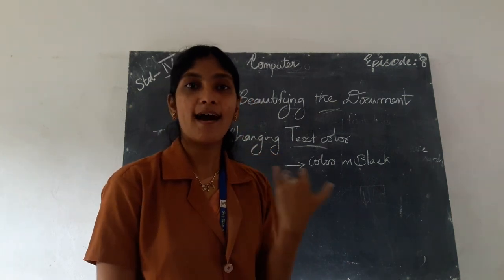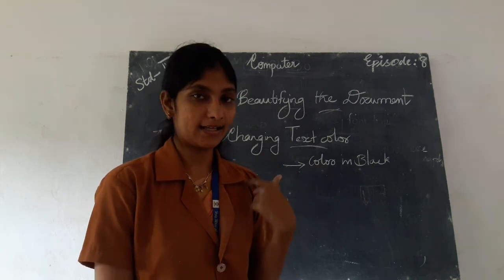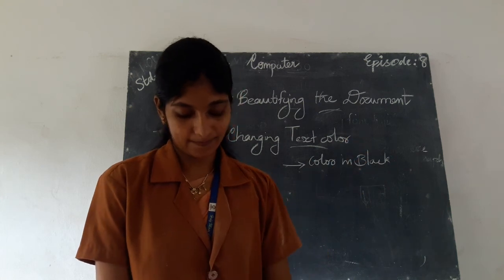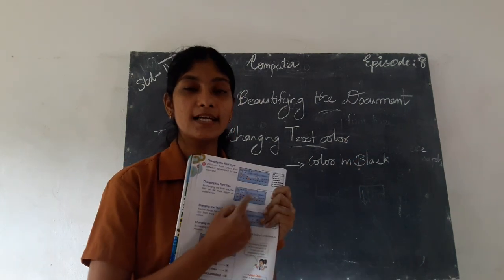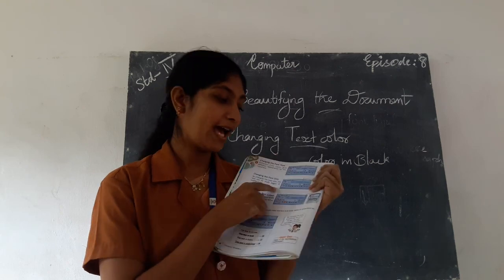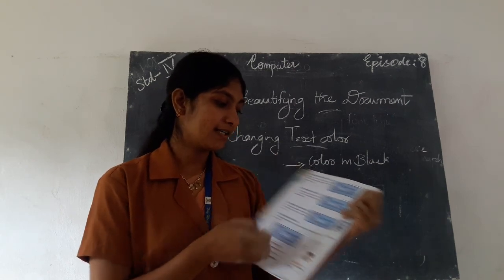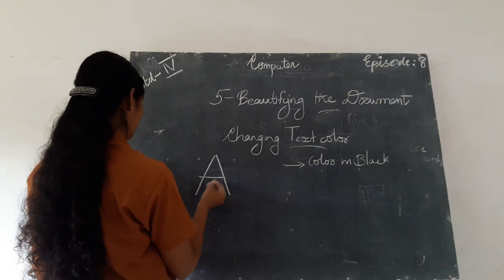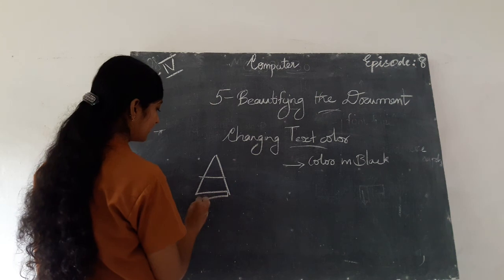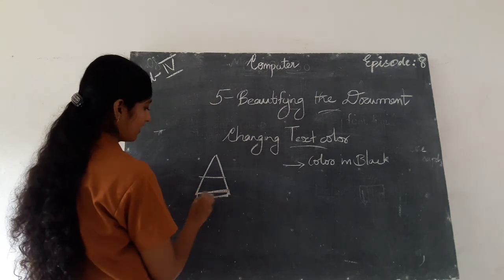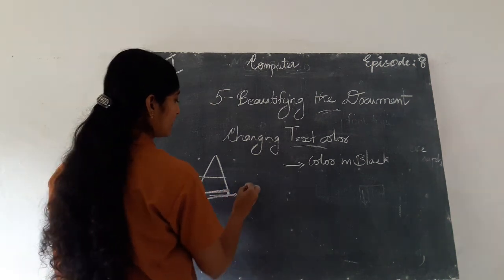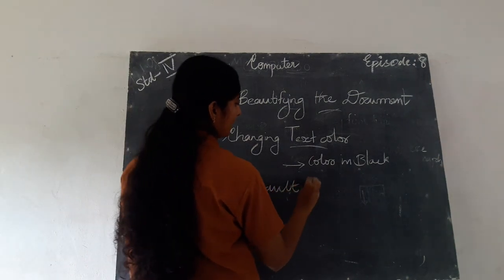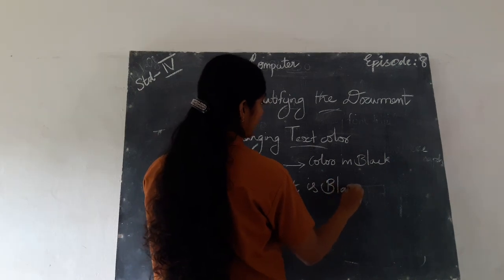So let's see how to change the color of selected text. From here, go to the Home tab and then there is a button A, and under the letter A, the default is black color.